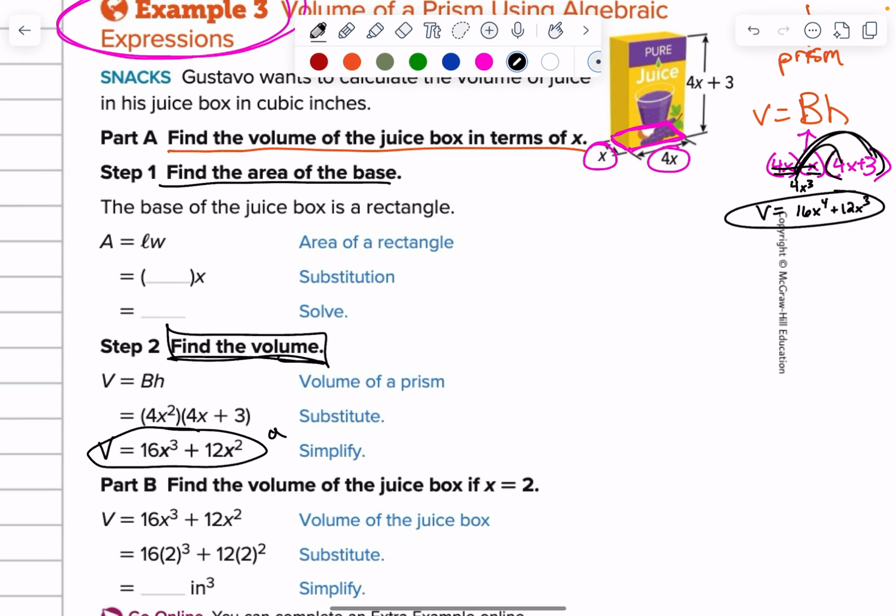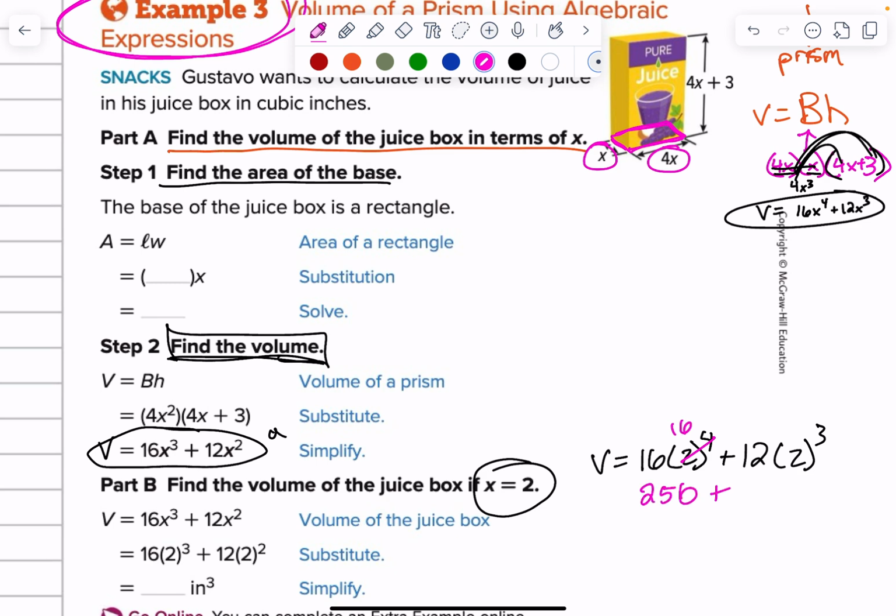But then they say, go ahead and find the volume if x is 2. So we plug that in: 16 times 2 to the 4th plus 12 times 2 cubed. We end up getting a big number. 2 to the 4th power is 16, and 16 times 16 is 256, plus 2 cubed is 8, and 8 times 12 is 96. Adding those together gives 352, if I did that right.